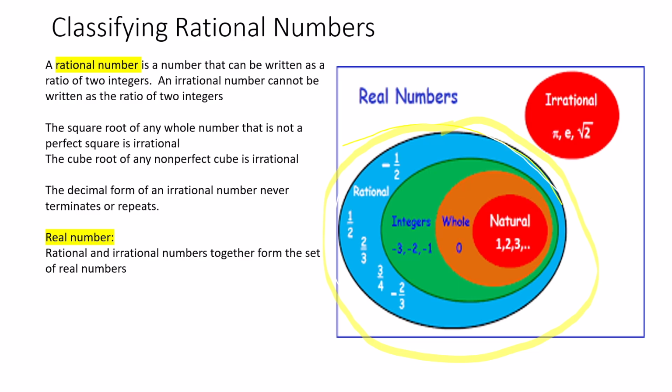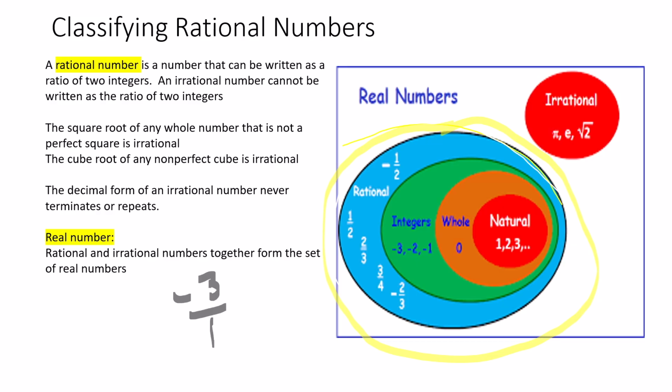So for example, the number -3. -3 is a rational number because we can write -3 as a fraction. We would just say -3 over 1. But -3 also is what we would call an integer. An integer is a positive or negative whole number.